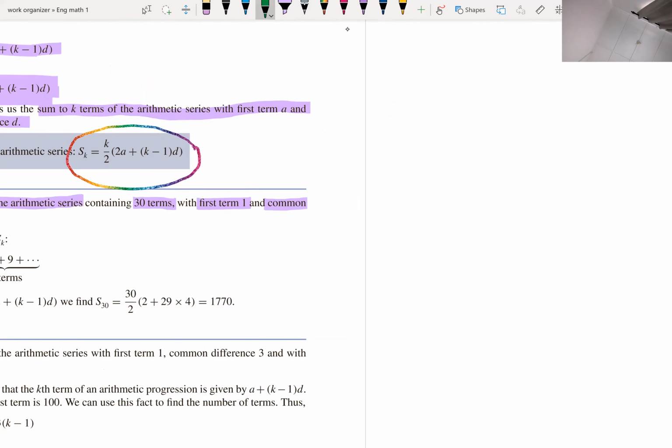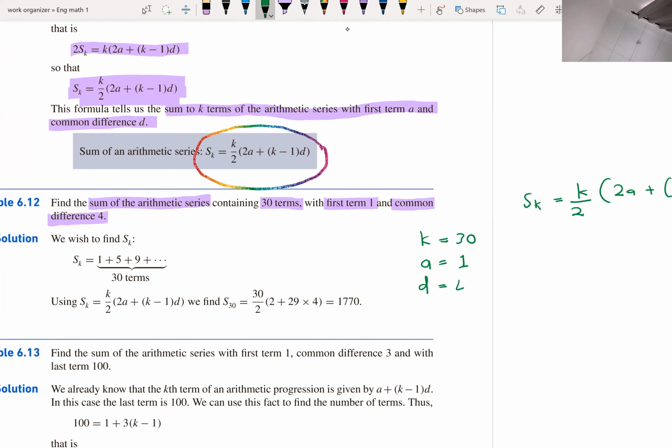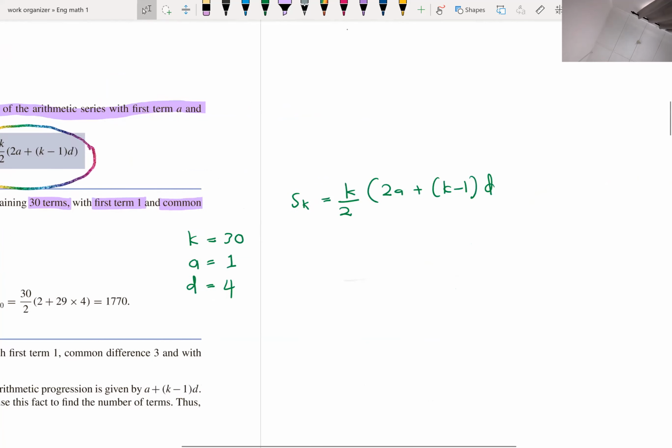So SK is K over 2 times 2A plus K minus 1 D. K we are given is 30 terms, A is the first term, which is 1, and D, the common difference, is 4. So just input into the formula.